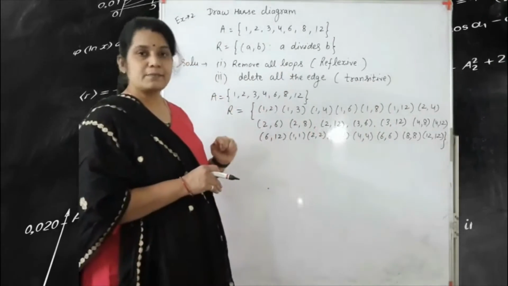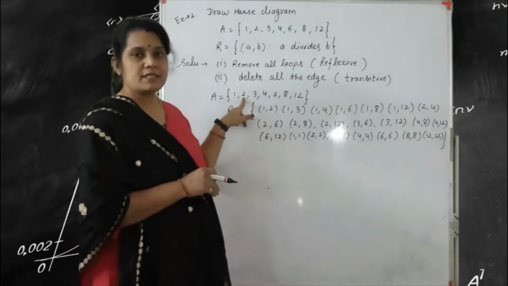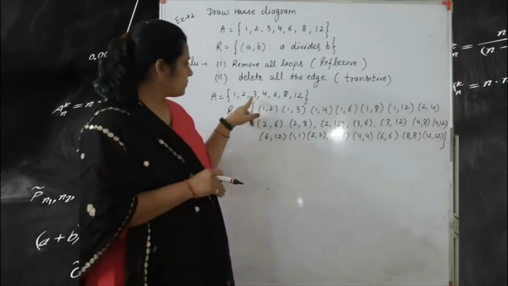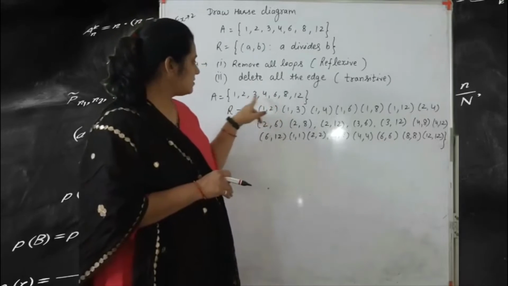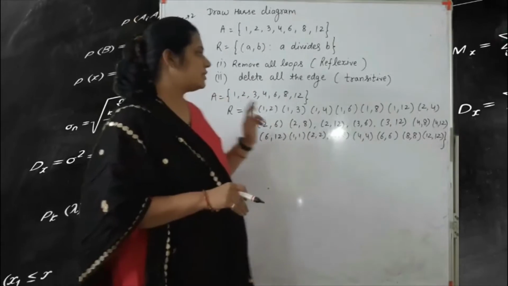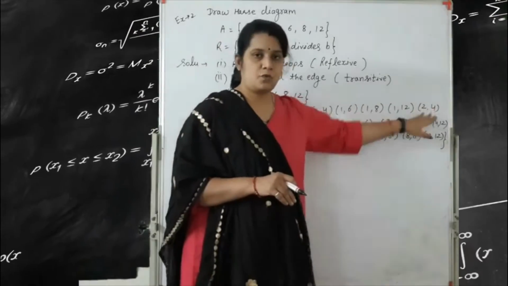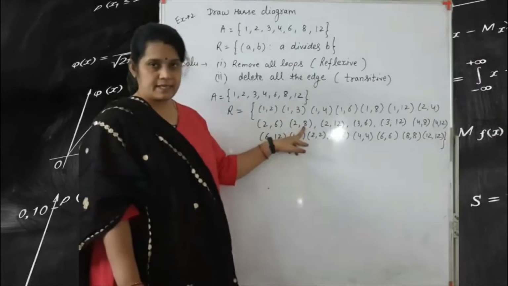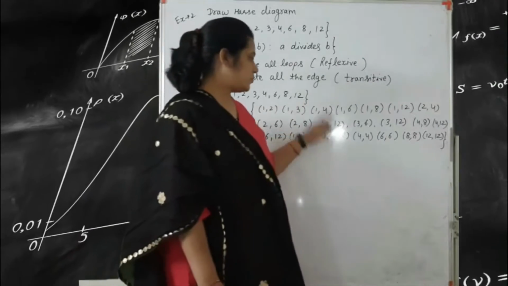Okay, next element is what? Next element is 2. Okay, so 2 divides 4, 2 divides 6, 2 divides 8 and 2 divides 12. So we write here (2,4), (2,6), (2,8), (2,12).